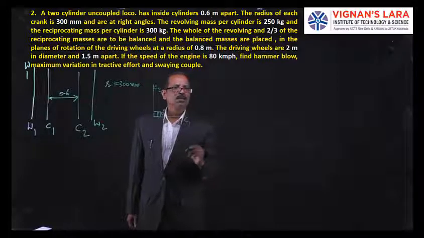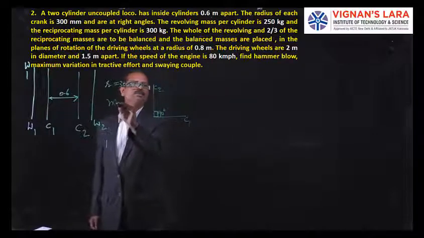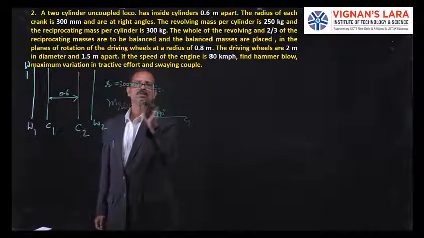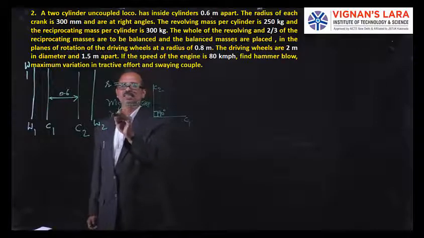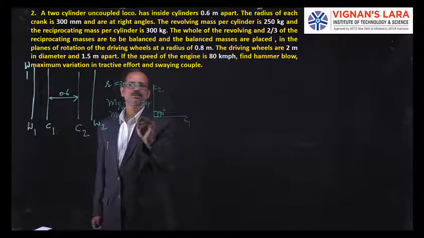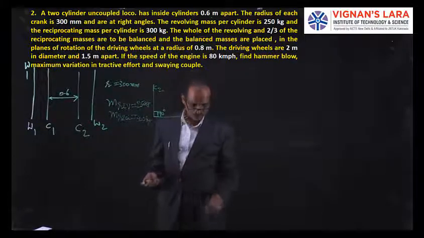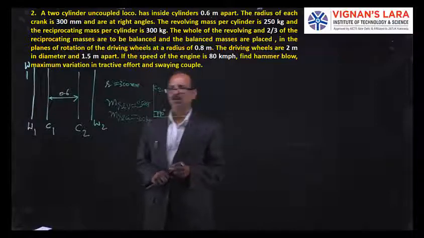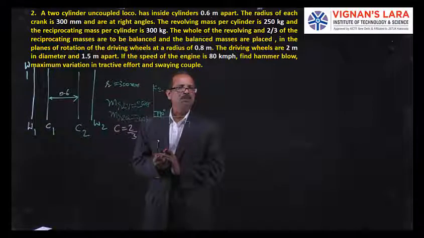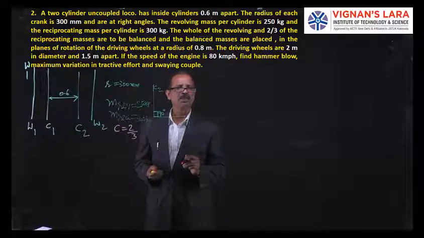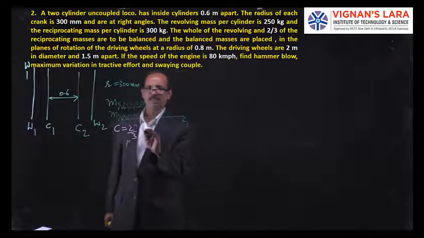Then the revolving mass per cylinder is 250 kg, and the reciprocating mass per cylinder is 300 kg. The whole of the revolving and 2/3 of the reciprocating mass, so c is equal to 2 by 3, are to be balanced, and the balanced masses are placed in the planes of rotation of the driving wheels at a radius of 0.8 meters.